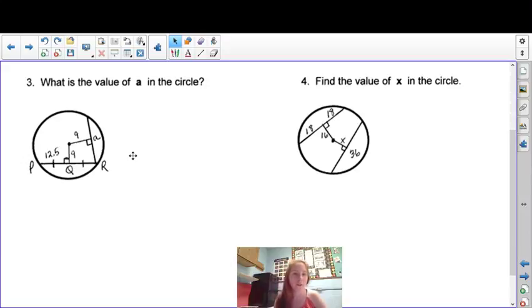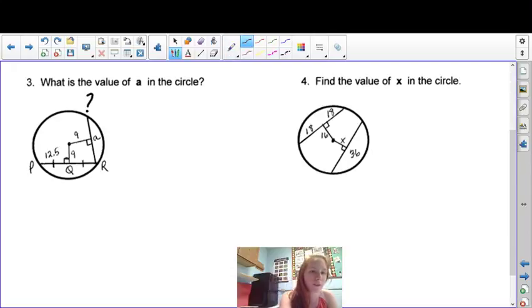So what's the value of A in the circle? So A is this chord length. Well, I see that chord R question mark, because I see that it's not labeled, so we're going to just call this question mark over here. So chord R question mark is the length of A. Chord PR is the length of 12.5 here and 12.5 here, which would be 25.